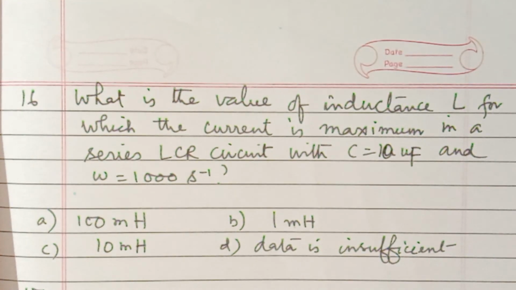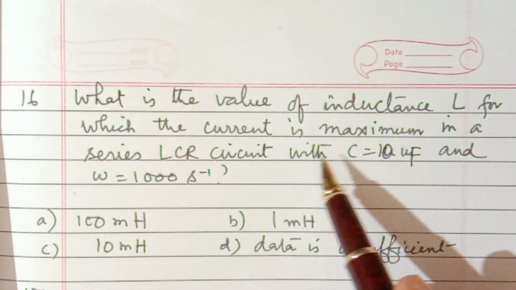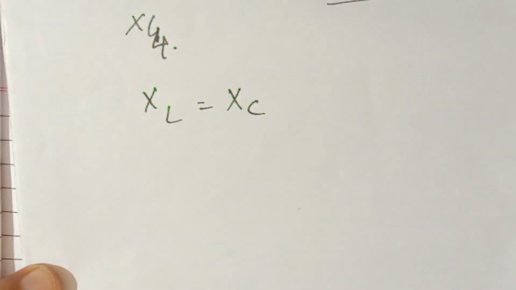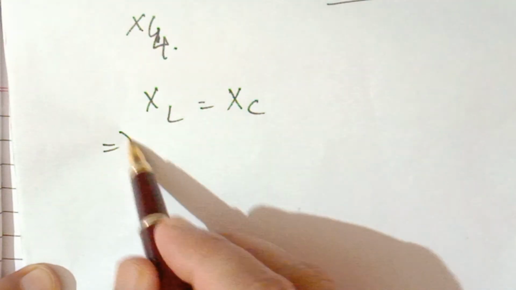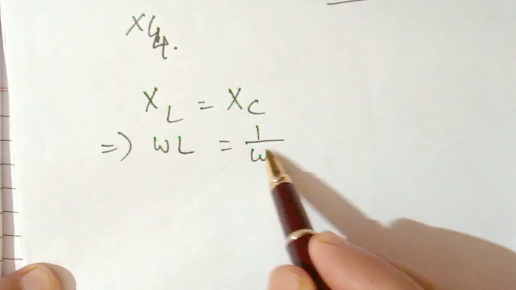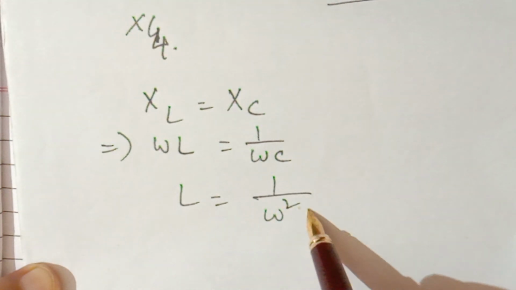The value of C is given, omega is given, so using that concept you can solve it. XL is equal to XC. This is the condition for resonance. So omega L is equal to 1 by omega C. So L will be equal to 1 by omega square C.